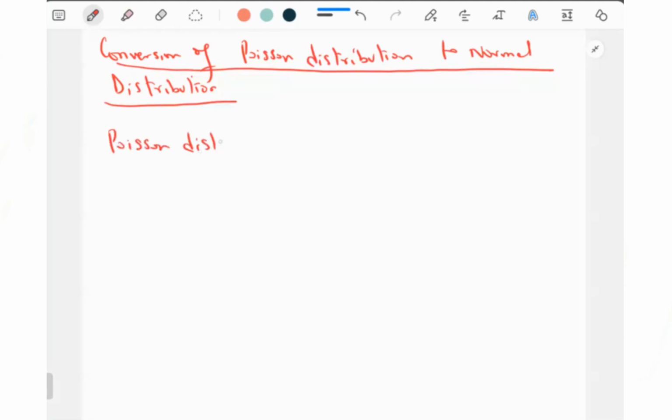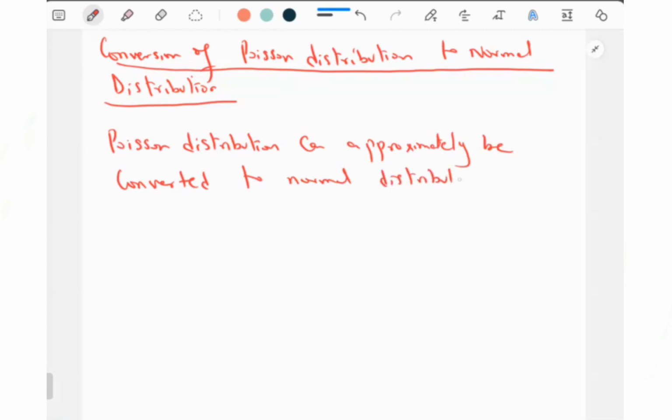Poisson distribution can approximately be converted to normal distribution if lambda is greater than 15.